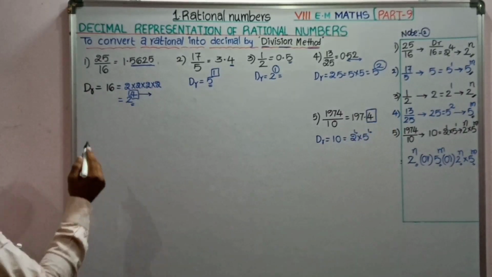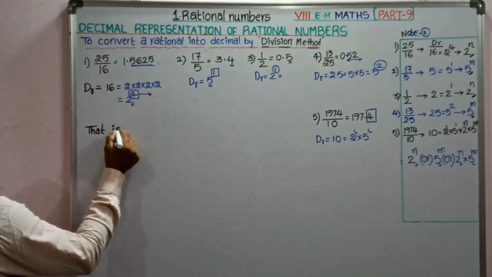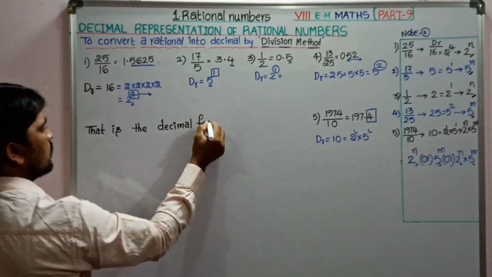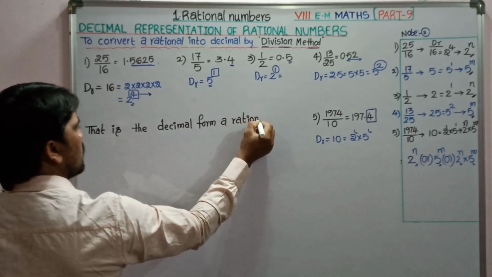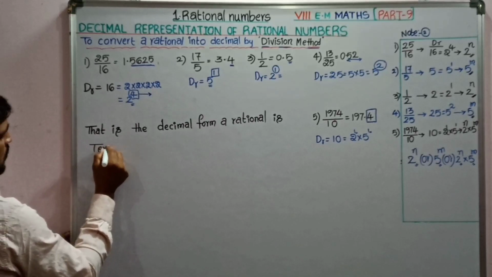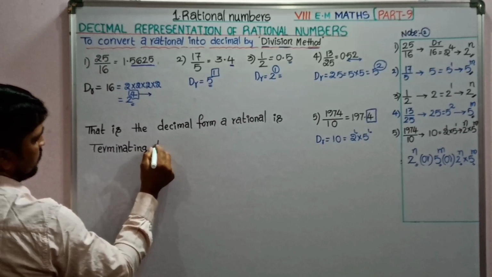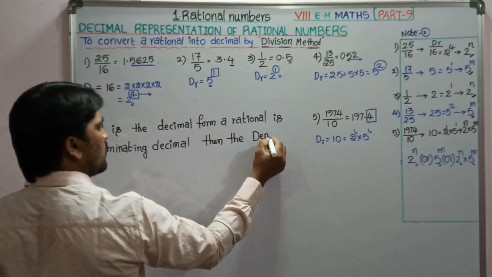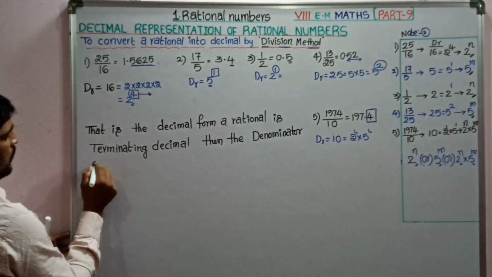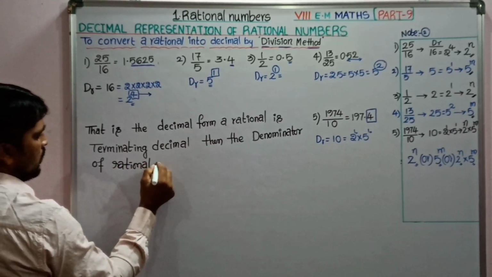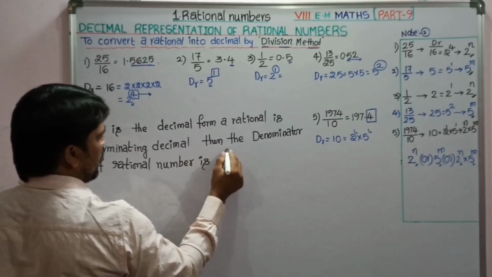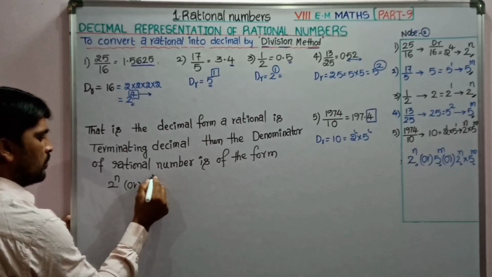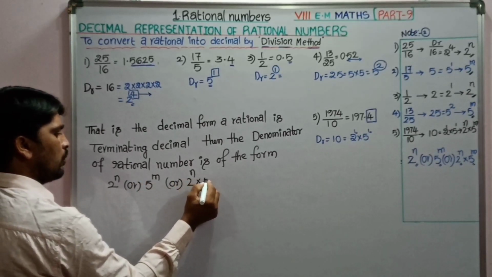That is, we can write that if the decimal form of a rational number is a terminating decimal, then the denominator of the rational number is of the form 2 power n or 5 power m or the product of 2 power n into 5 power m.